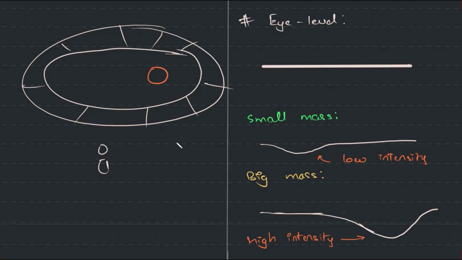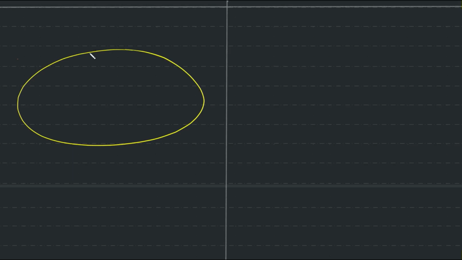We have already seen this. If we have a field and I put a mass m, it experiences some amount of force, let's call it F. So force per mass is your intensity of gravitational field.